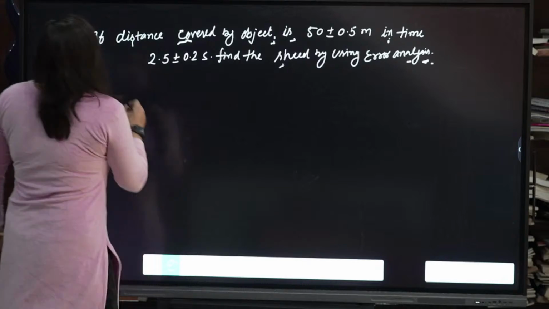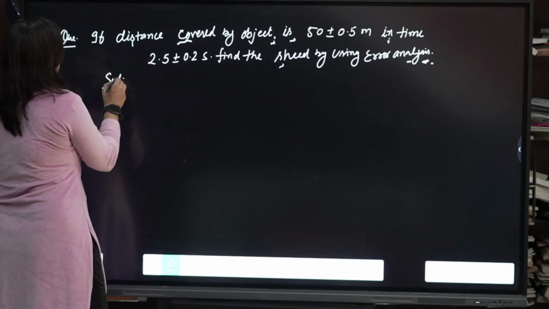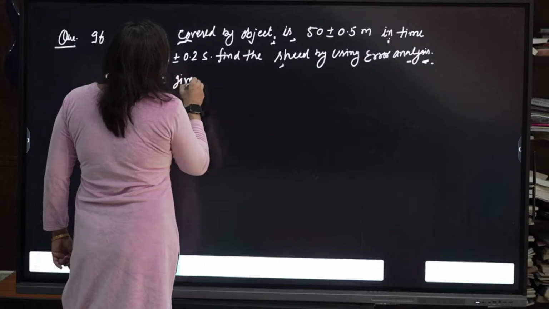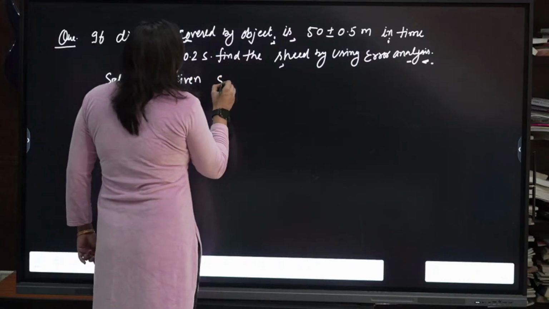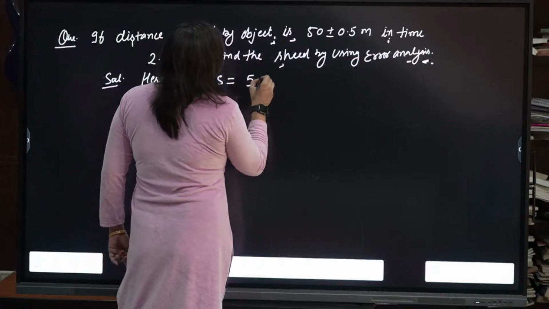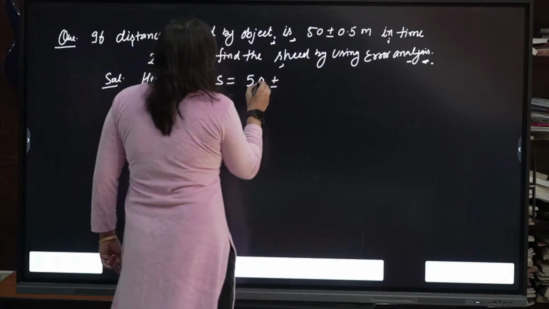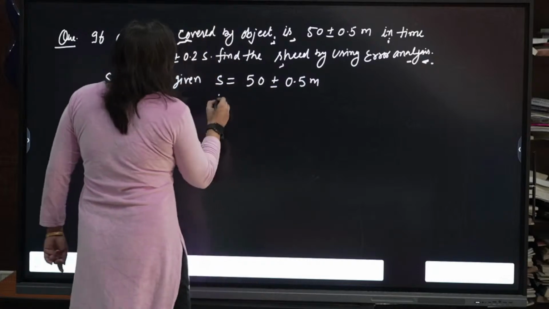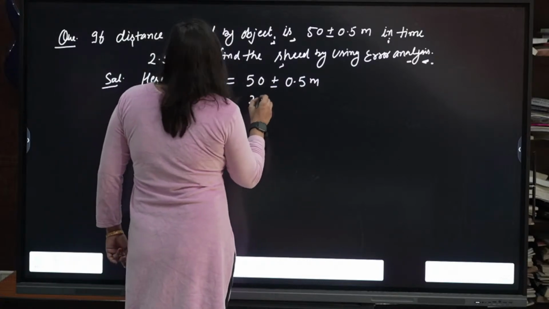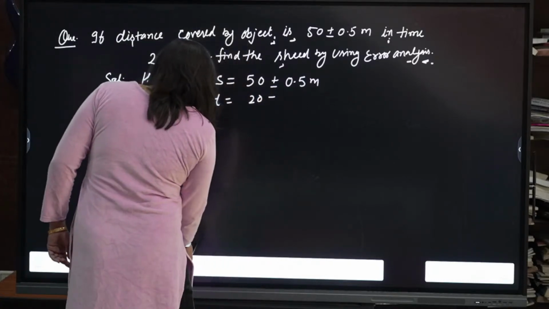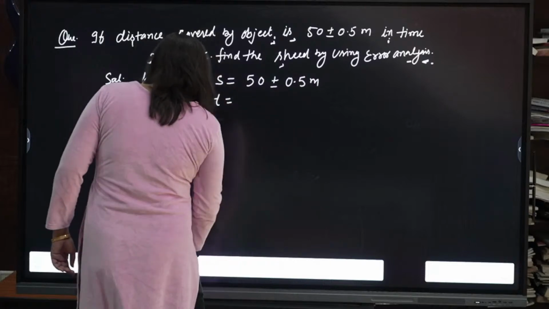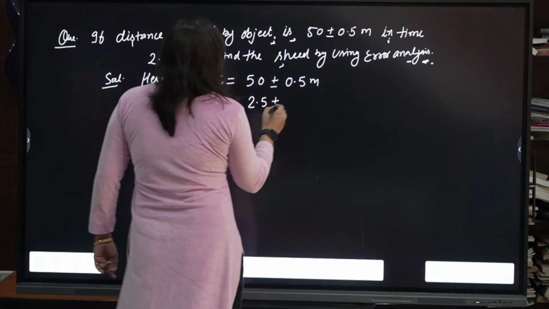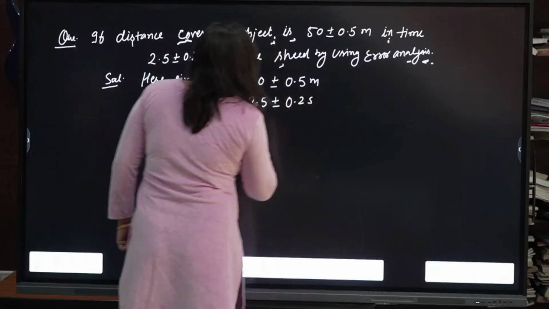So simple question. When you solve it, what is given here? Here given S 50 plus minus 0.5 meter and time here 2.5 plus minus 0.2 second.